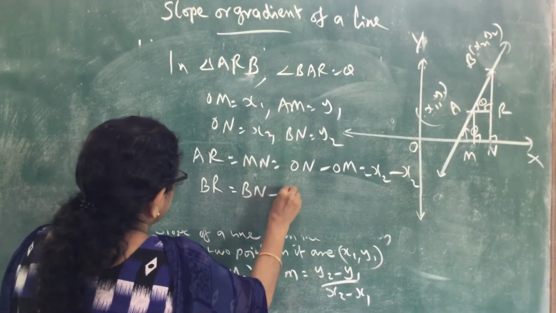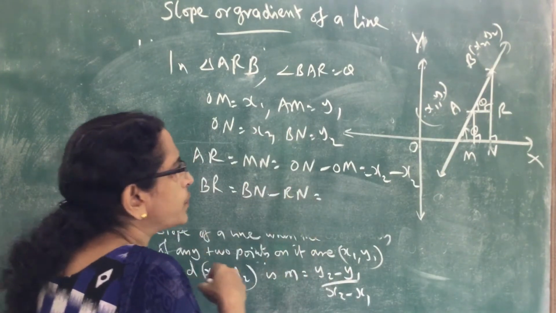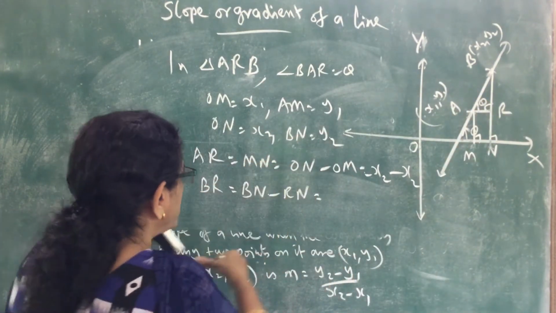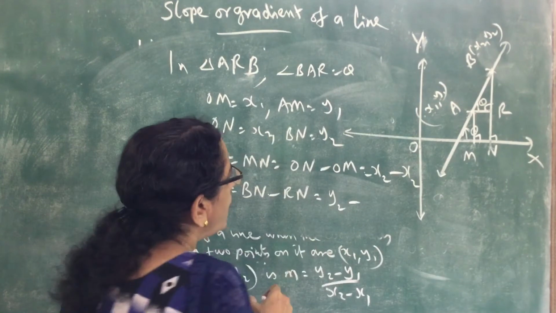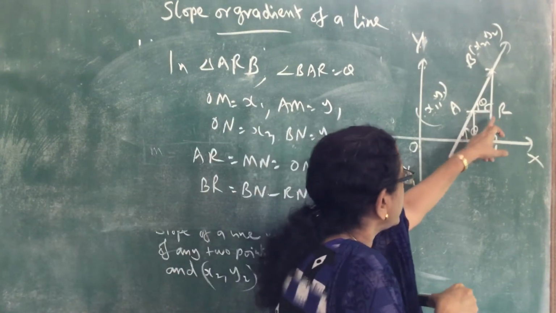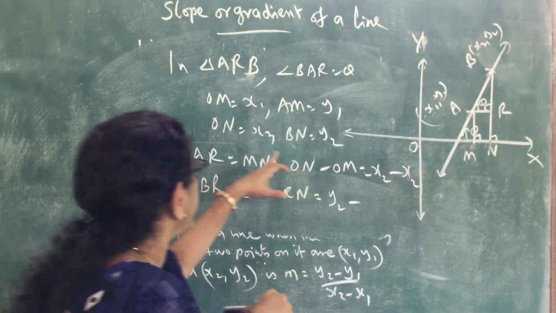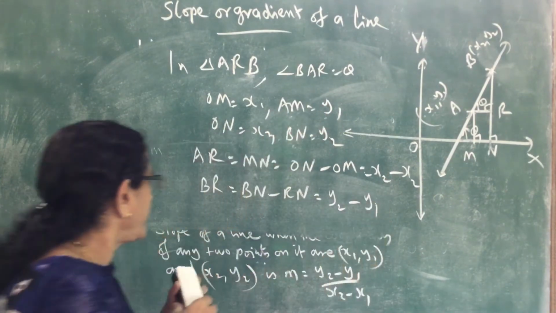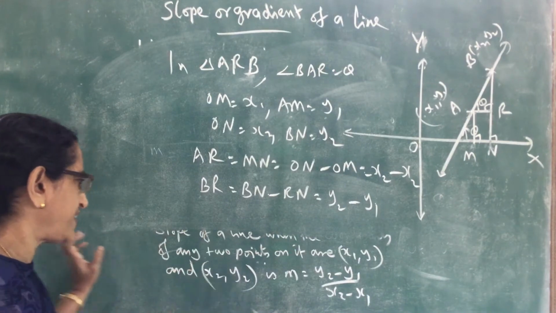BN equals y2, minus RN. RN is the same as AM, and AM equals y1. So we got BR equal to y2 minus y1.